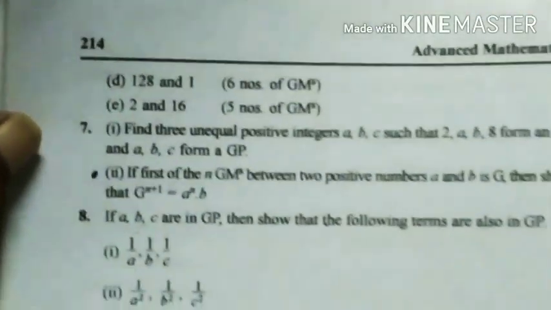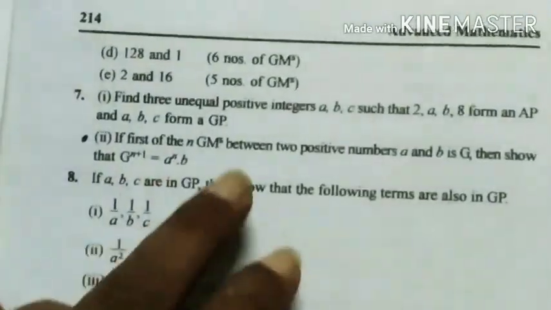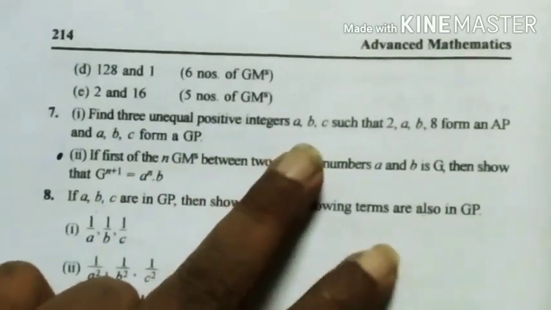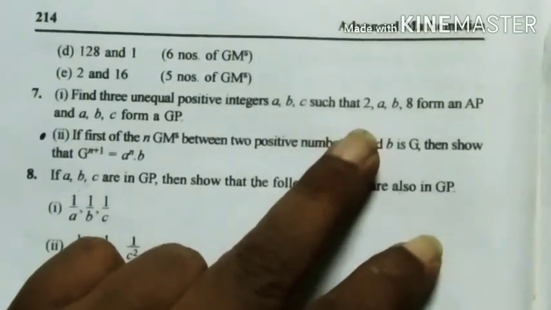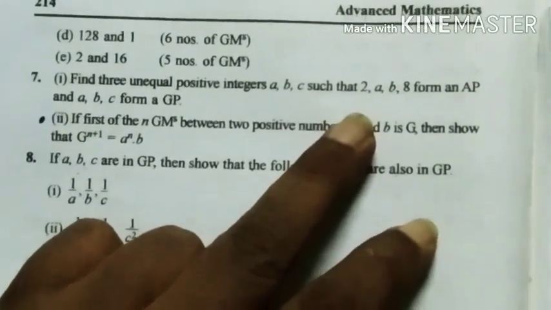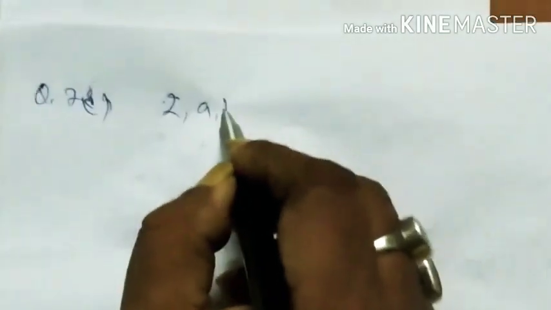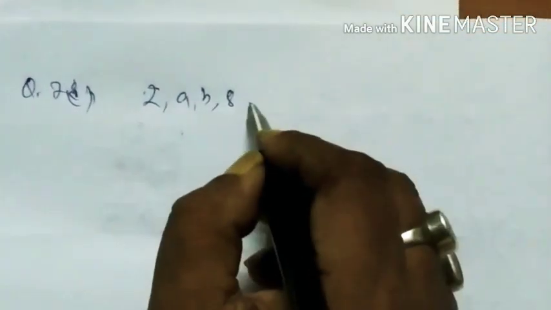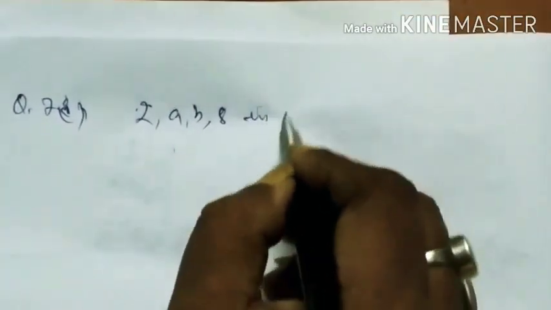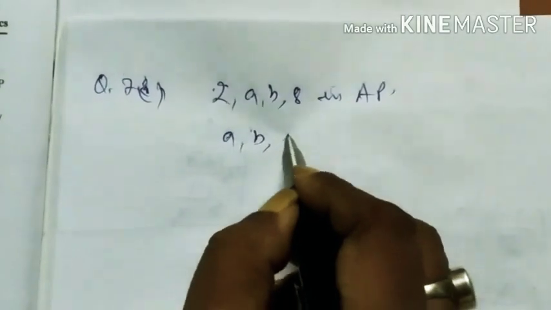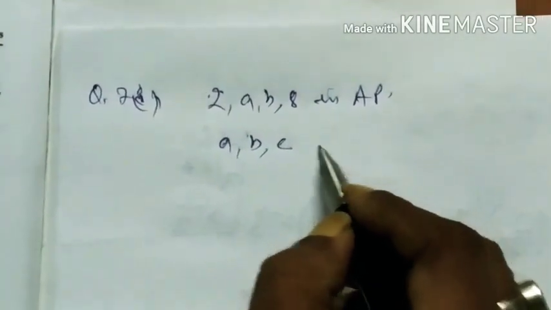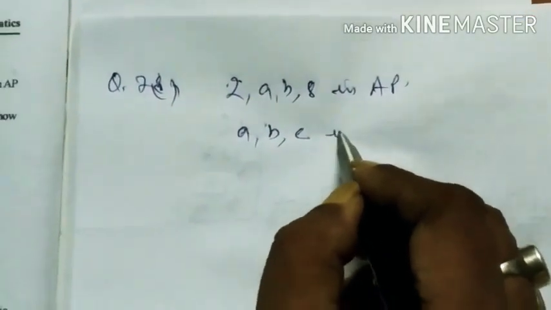Now I am going to question number 7. Find three unequal positive integers A, B, C such that it is given that 2a, b and 8 are in AP, and A, B, C are in GP. Find the unequal terms.